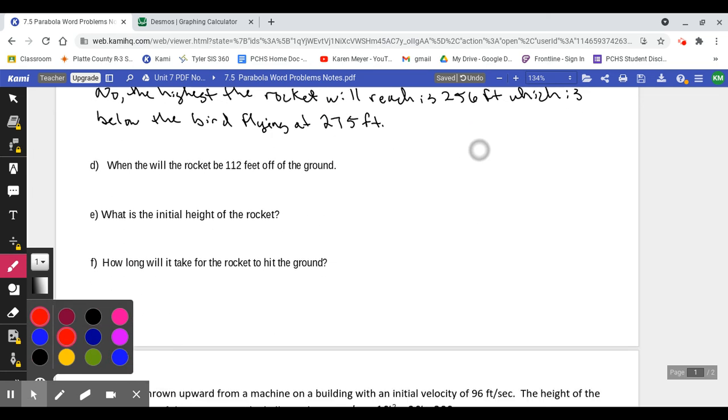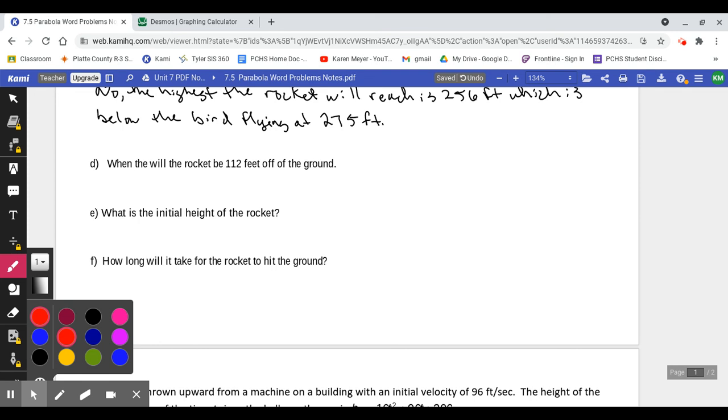All right. When will the rocket be 112 feet off the ground? Okay, so I'm telling you the height is 112. So height is always the y value.